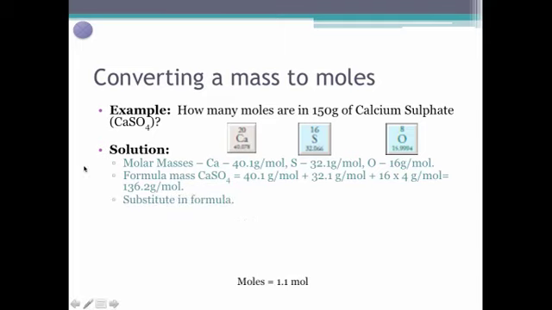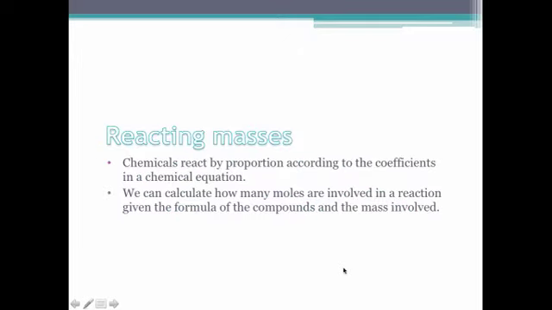Now we can see here that the total molar mass is 136.2 grams per mole. We use that formula there and then we just simply plug it in. So the mass was 150 grams, the molar mass is 136.2 grams per mole. So the number of moles is there. The answer popped out before and it should have. It's 1.1 moles.